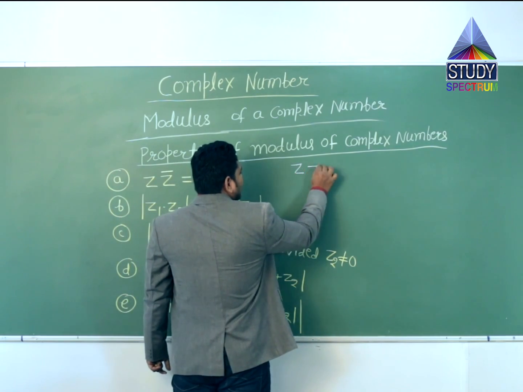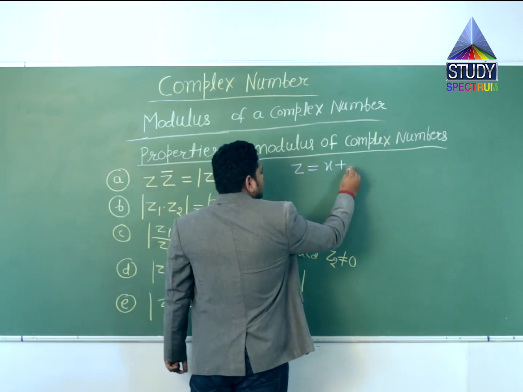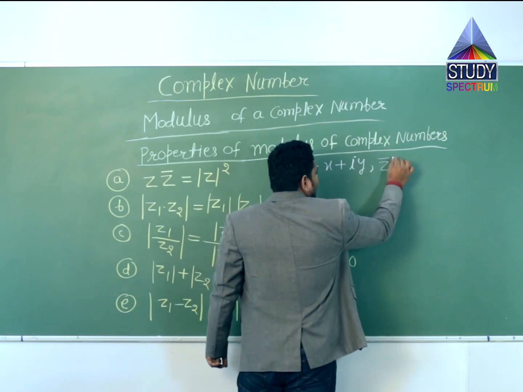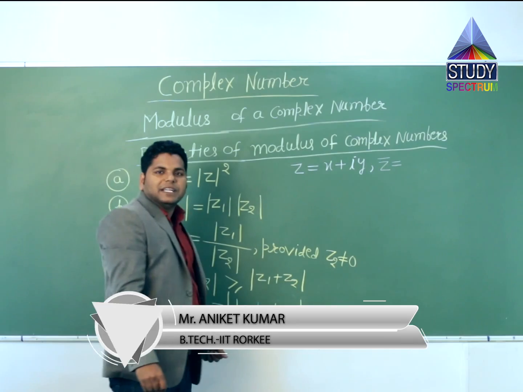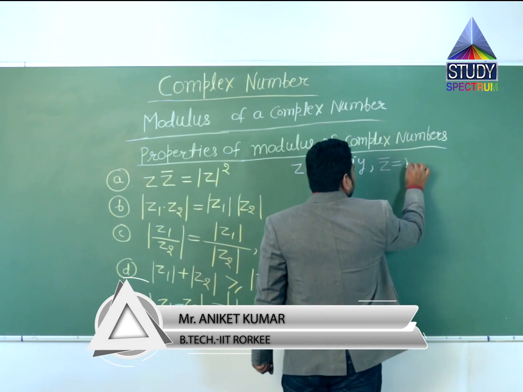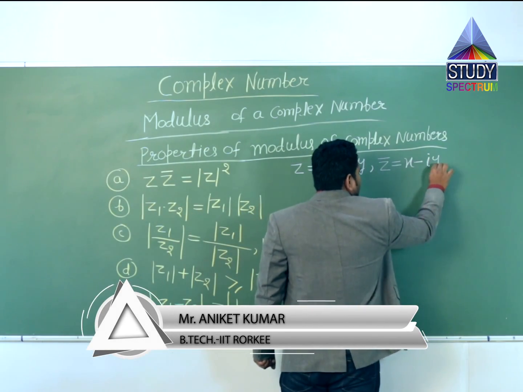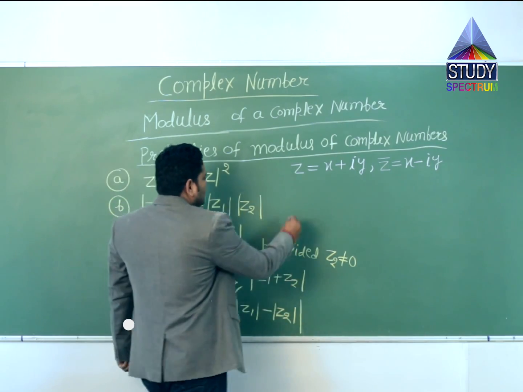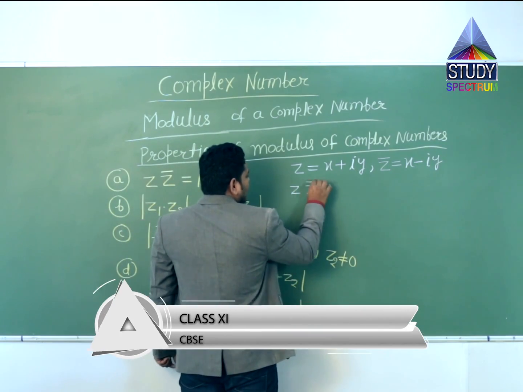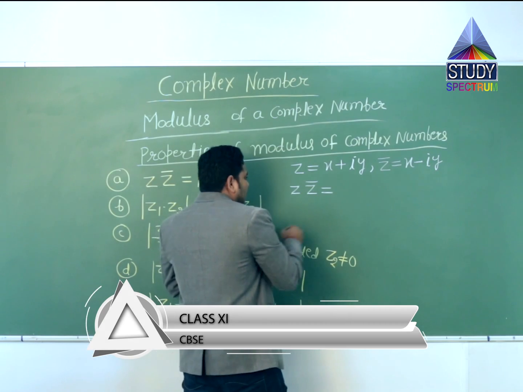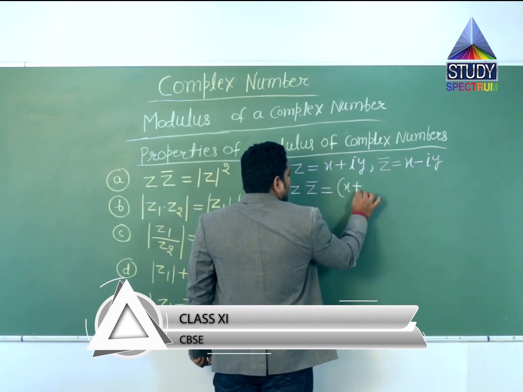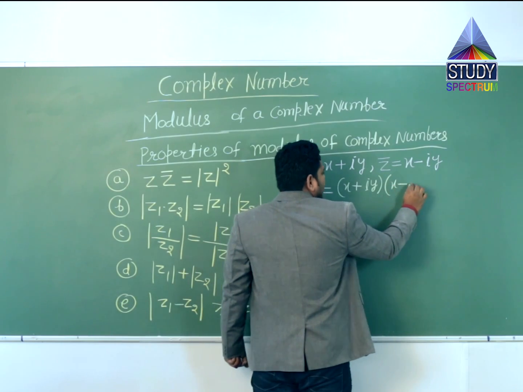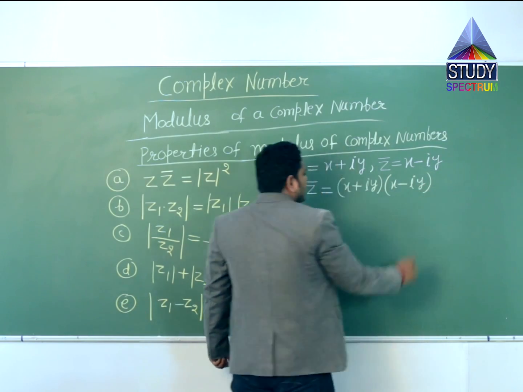Suppose z is x plus iy, then what will be z bar? Z bar will be x minus iy. So we have to find z into z bar. So z into z bar means we have to find x plus iy into x minus iy.